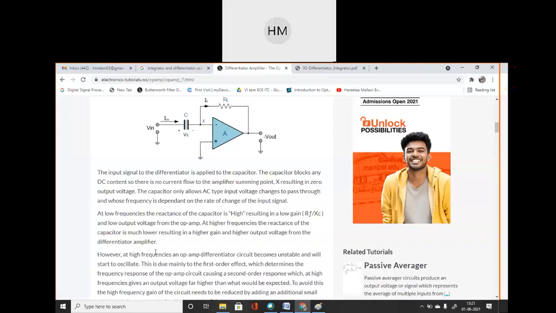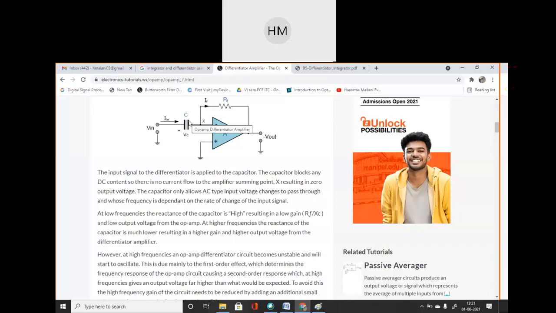Clear, students? However, at high frequencies, an operational amplifier differentiator circuit becomes unstable and will start to oscillate. As frequency increases, XC reduces. ठीक है. XC reduce होगा तो क्या होगा? Gain will be very high, and as gain becomes very high, the circuit becomes unstable because we have connected just one RF and this capacitor at the input side.